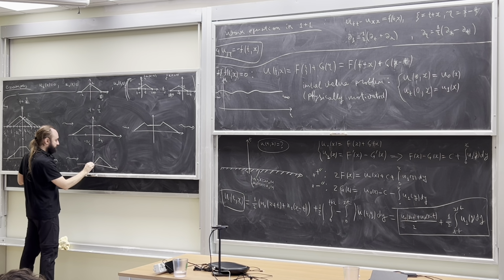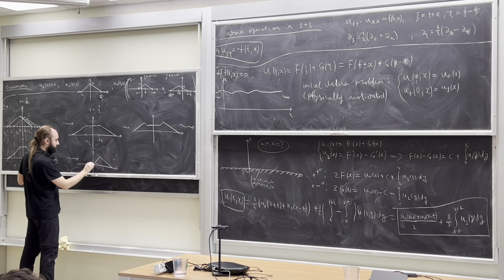So what is the value of time when we see this? What do you think? Yes, and this value is 1. And then of course they move in opposite directions.